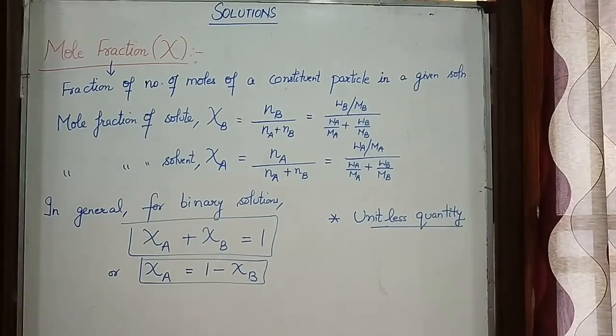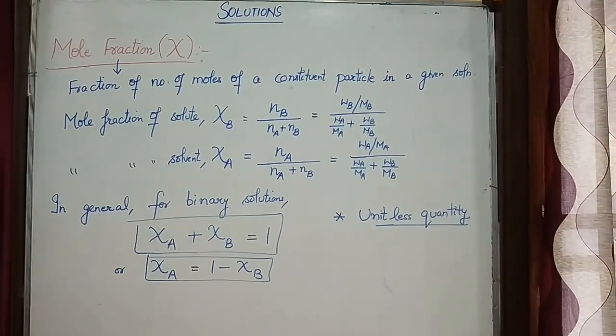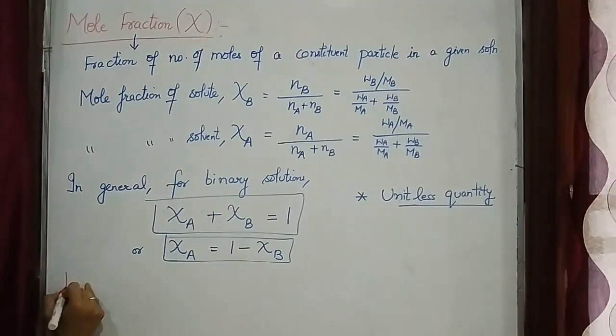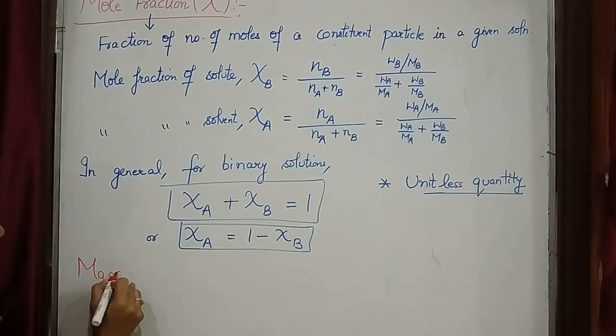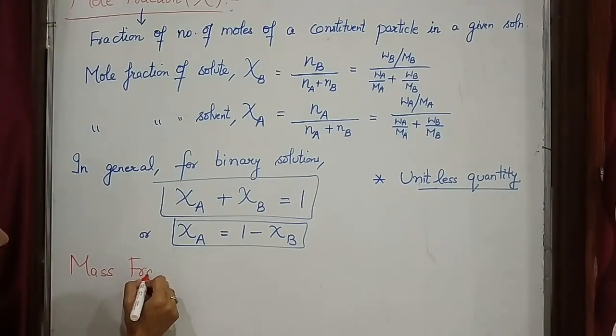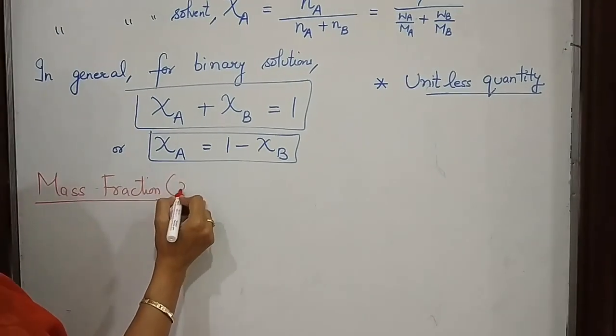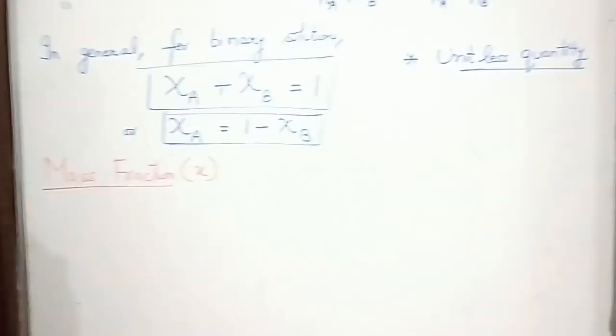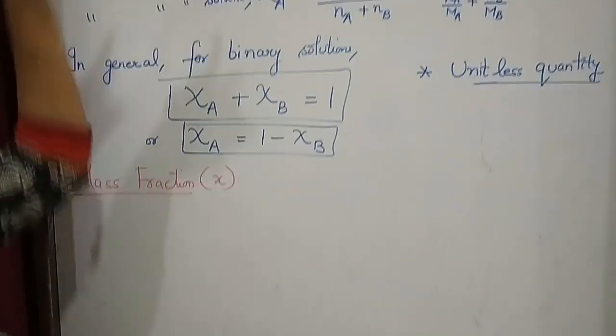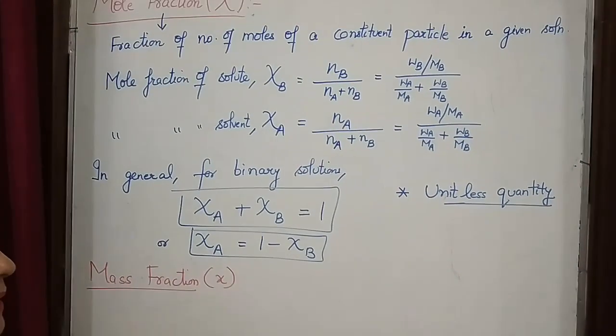Now the next term, similar to this mole fraction, is another term, that is mass fraction. This mass fraction is represented by small x. Mole fraction is represented by chi, but mass fraction is represented by x.